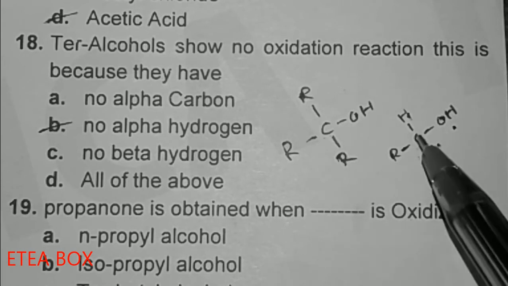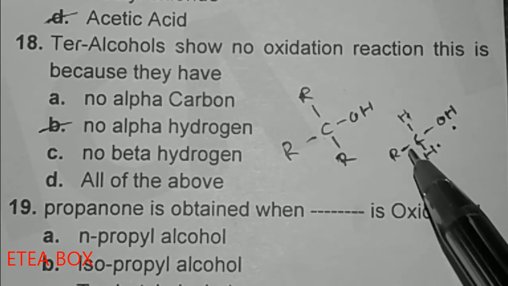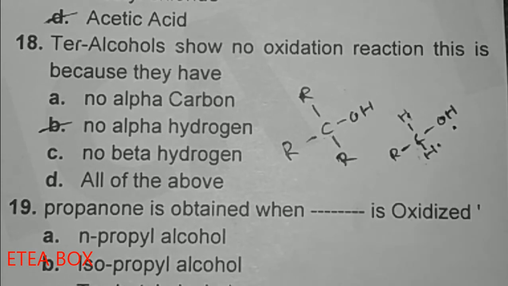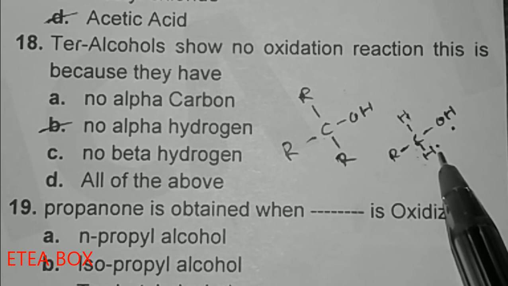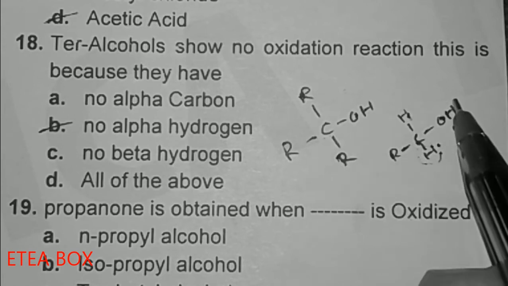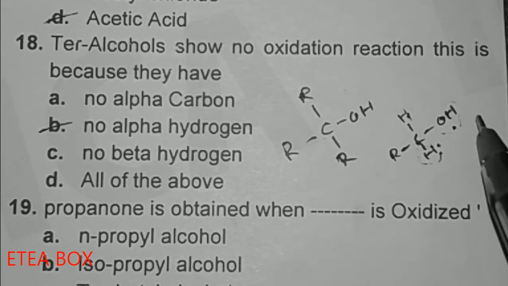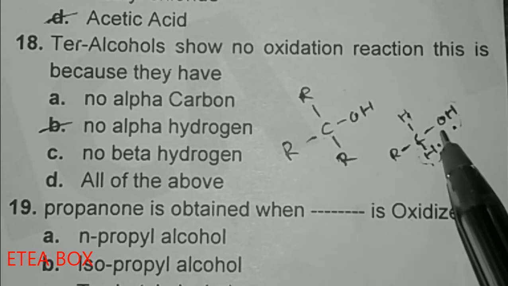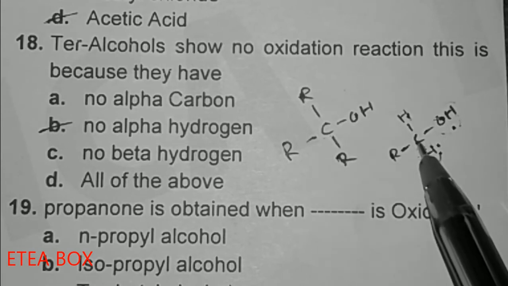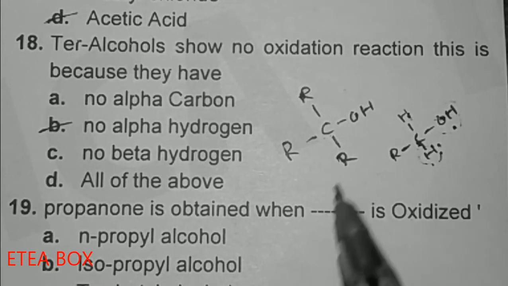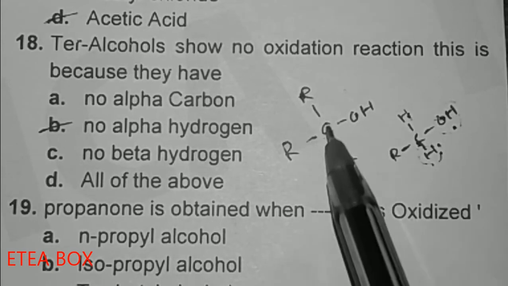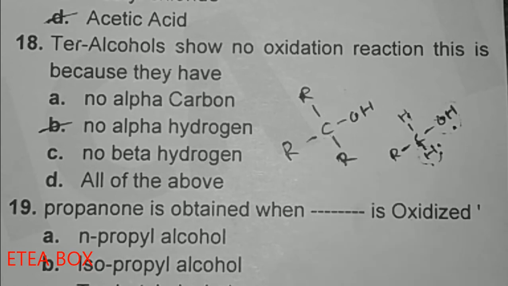Another oxygen is attached to this one carbon, and it gives formaldehyde, okay? When this hydrogen is removed during oxidation, and this hydroxyl group is removed, water is formed, okay? So in that case oxygen is combined to this carbon, so it will make the formaldehyde. And look at here, no alpha hydrogen is present here, so that's why oxidation will not occur in tertiary alcohol.